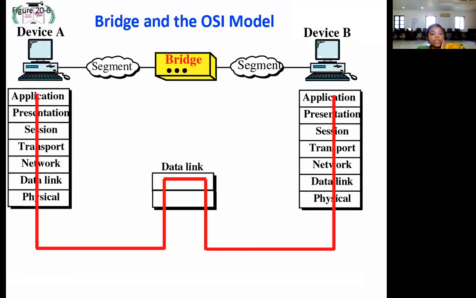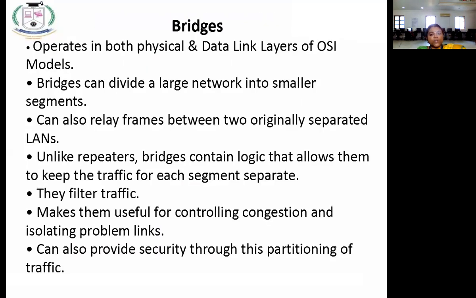So what about the features of this bridge? Bridges are also connecting devices. We use these bridges in both the physical layer as well as the data link layer. They can divide a large network into smaller segments, and they are given a provision for filtering.